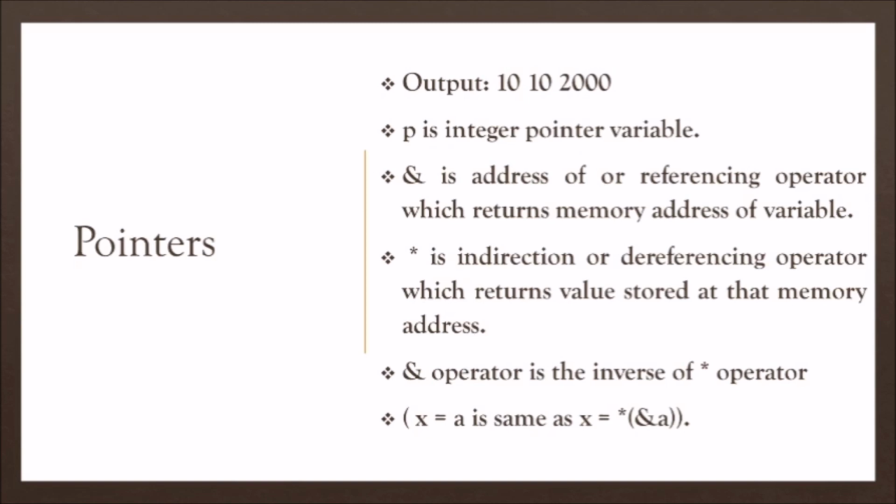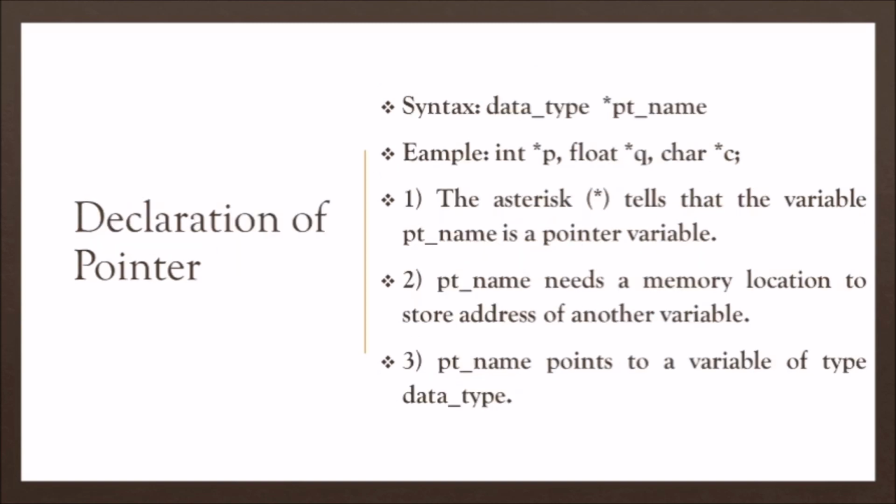Okay, so the declaration of a pointer, how can we declare it? The first is the data type, then after this star and the pointer variable name, like integer star p, float star q, character star c, likewise. The asterisk tells that the variable is a pointer variable. Like here we declare integer a comma star p in the example, then we can directly identify that star p is a pointer variable.